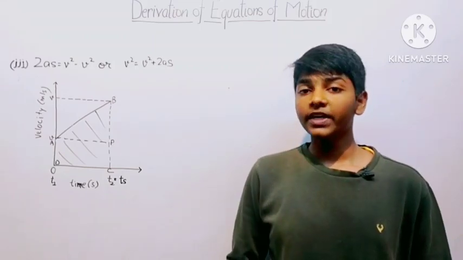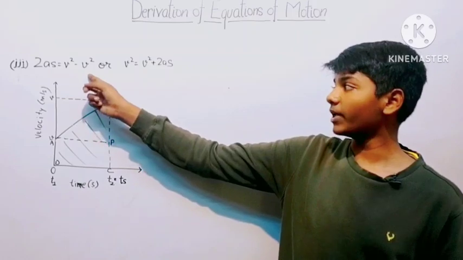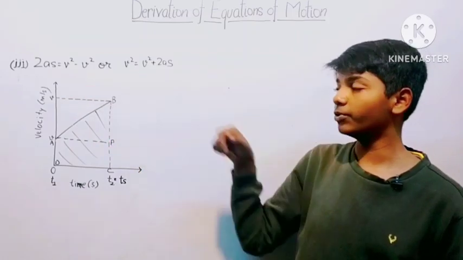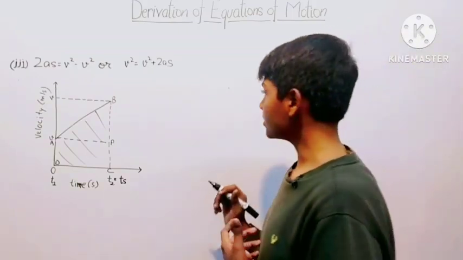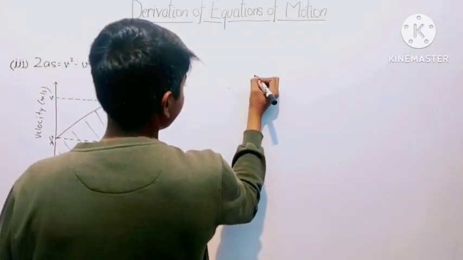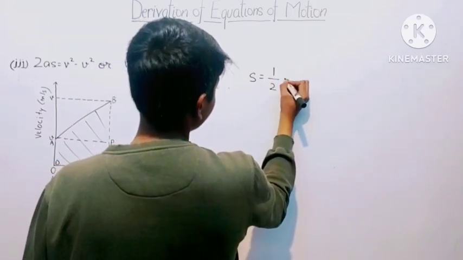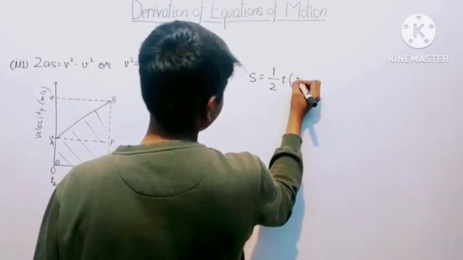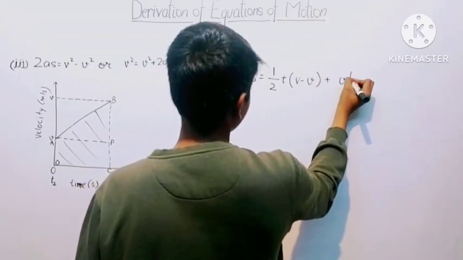Now we will be deriving the last equation of motion, 2as is equal to v square minus u square, or v square is equal to u square plus 2as. So if you remember, while deriving the second equation of motion, we got s is equal to half into t into (v minus u) plus ut.